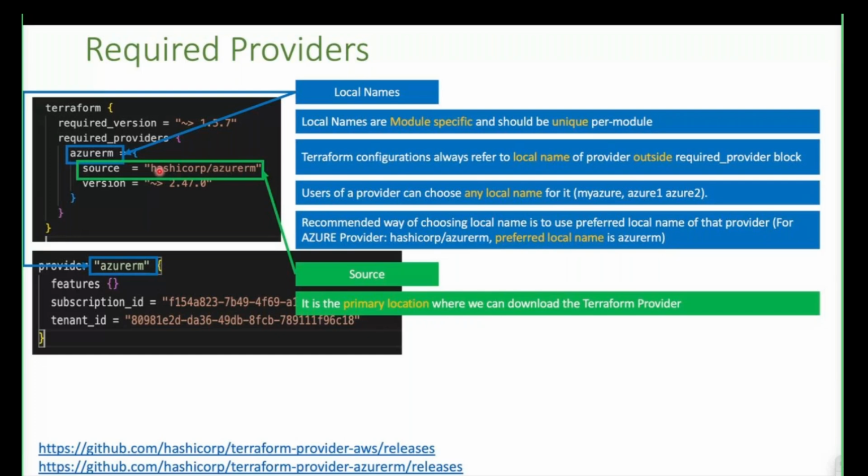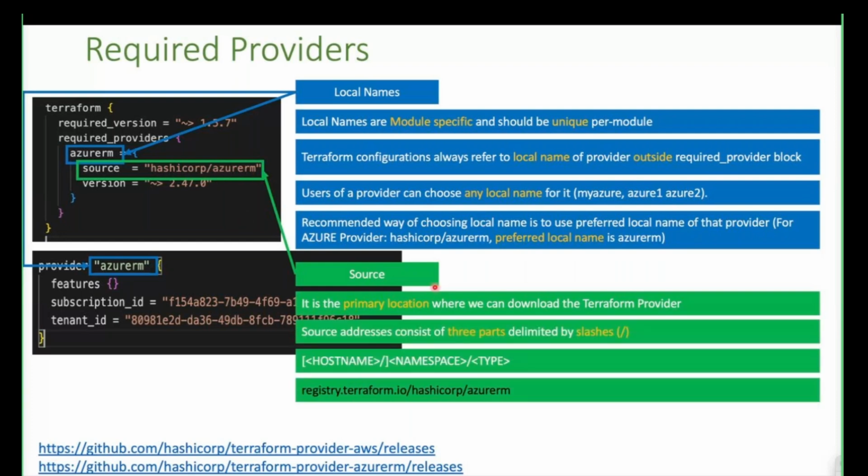Whenever the Terraform code sees this hashicorp/azurerm, it will directly go to registry.terraform.io/hashicorp/azurerm, directly to the specific page. Here we have not mentioned the host name, so by default it will reach registry.terraform.io only.